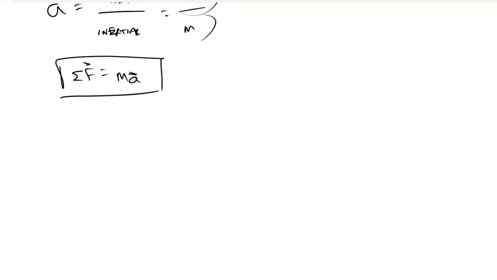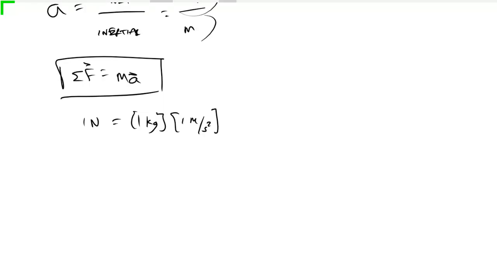And Newton defined 1 Newton to be the amount of force required to accelerate 1 kilogram of mass at a rate of 1 meter per second squared. And so the units of a Newton are a kilogram meter per second squared.